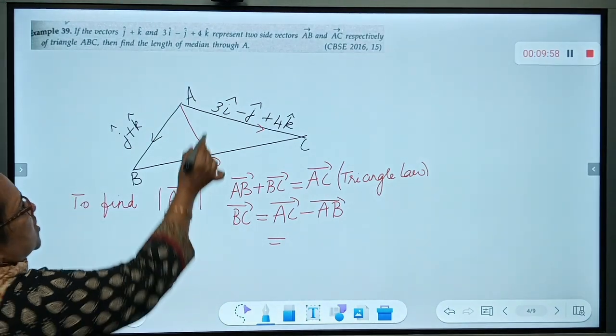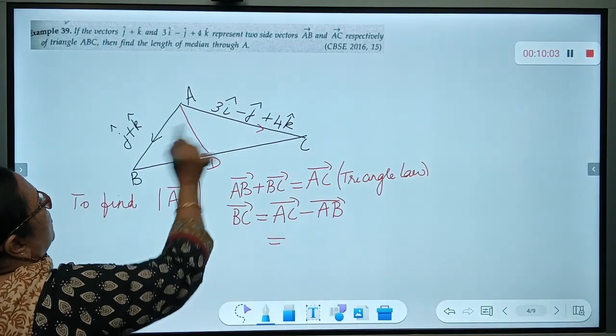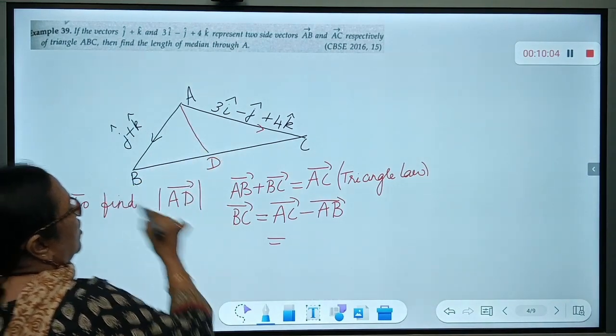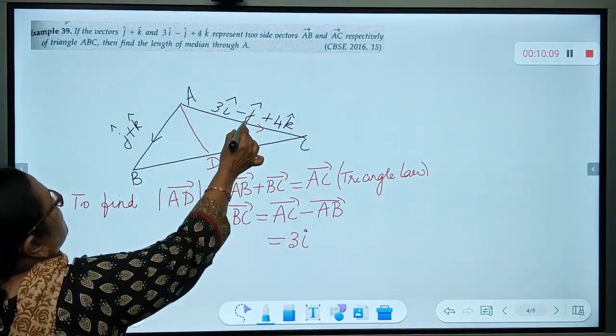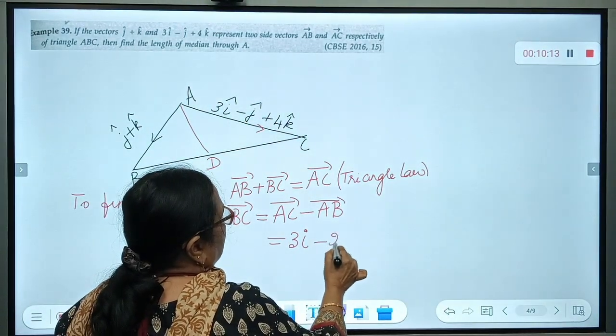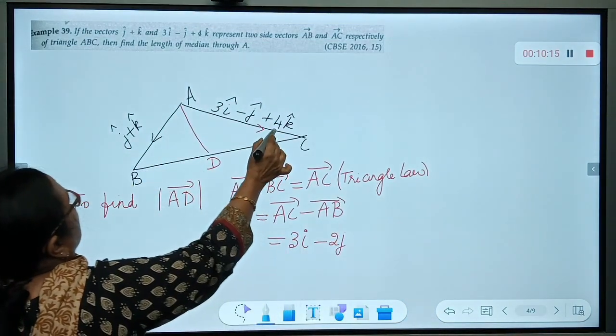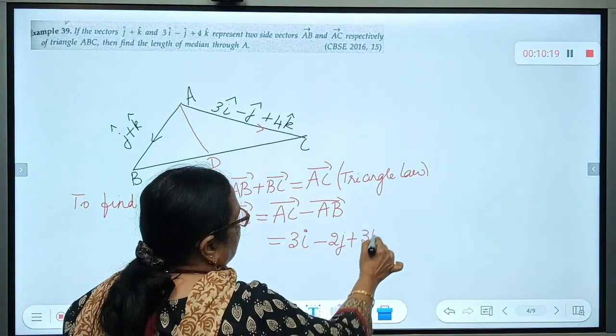Now this is your AC vector. So AC vector minus AB vector will be what? 3i minus 0i, which is 3i, minus j minus 2j, plus 4k minus k will give you plus 3k.